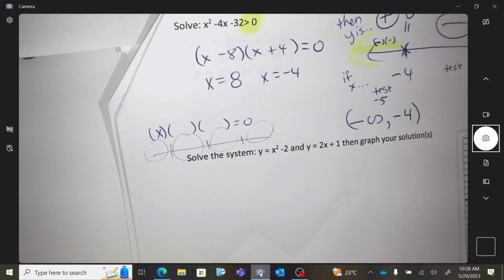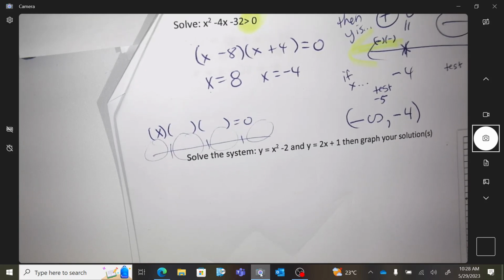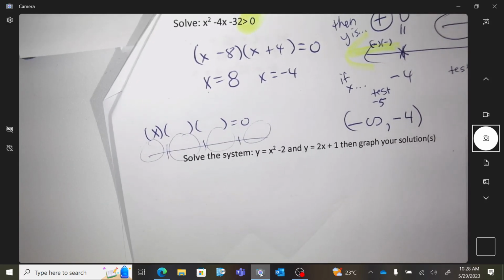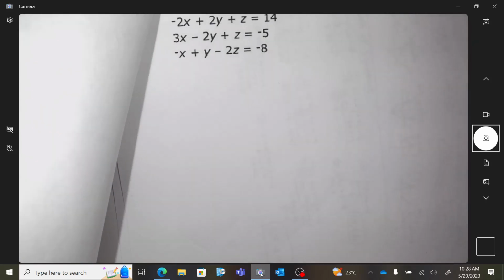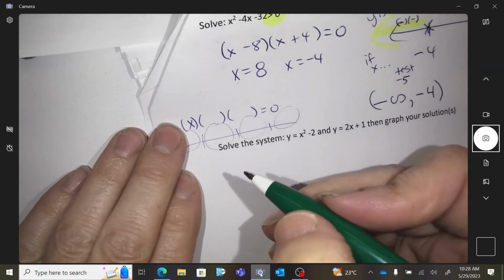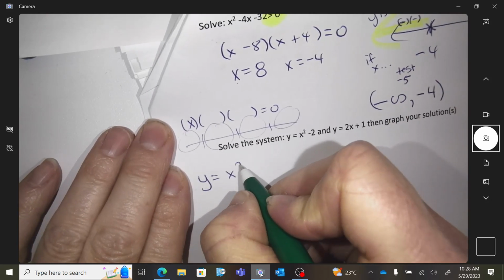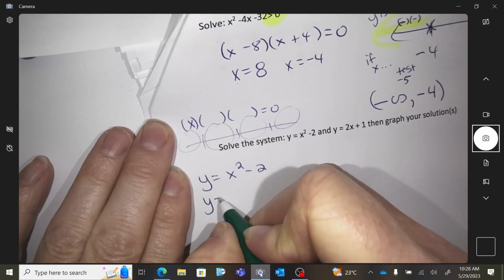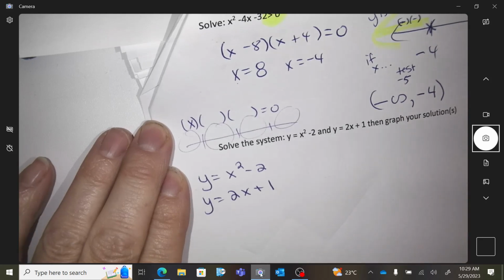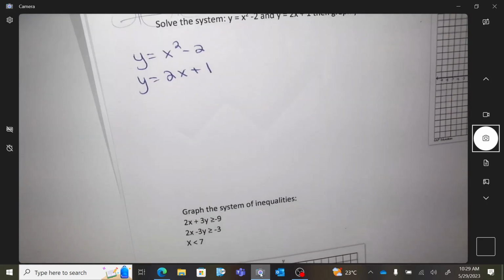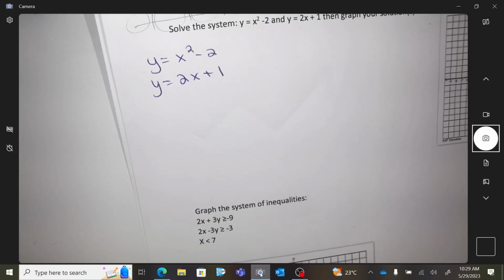Okay, solve the system of equations and then graph. Okay, if I allowed you to choose a method, what would you pick?